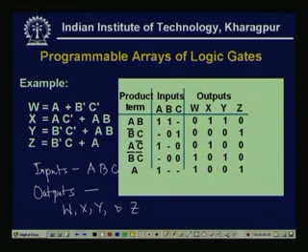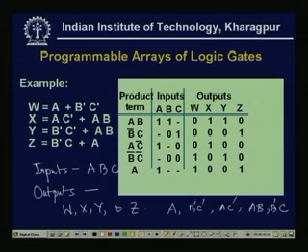Now, first we find out how many distinct min terms are there in these outputs. See A, B dash C dash, A C dash, A B, B dash C. Again B dash C dash is there, so it is not distinct, A B is also there.